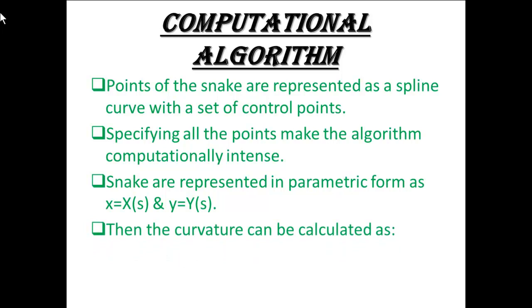Then the curvature can be calculated as energy of length equals summation from i equals 1 to n of (partial derivative of x by partial derivative of s) whole squared plus (partial derivative of y by partial derivative of s) whole squared.